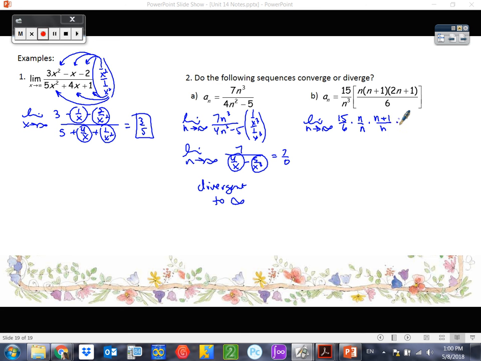And then I'm going to take this 2n plus 1 and put it with one of those. And so let's recap and make sure we haven't done anything incorrect. So if I multiply the bottom 6 times n times n times n, I do get 6n cubed. And if I multiply the top 5 times n plus 1 times 2n plus 1, I do get the numerator, or the top. So we're fine. It's okay to rewrite it like that.